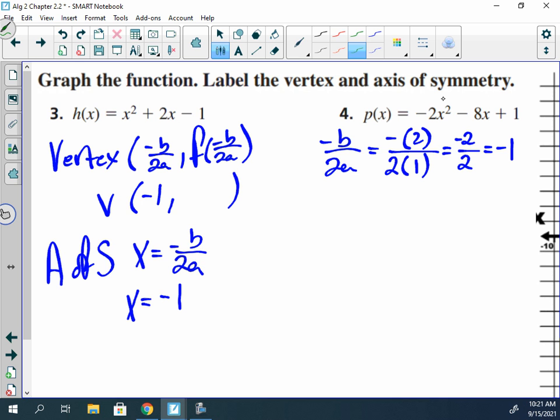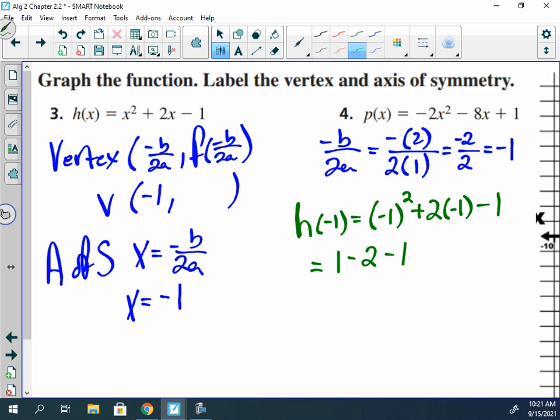Now we do still need to find the y value of the vertex. So what do we need to do? We take negative 1 and we plug it back in, because that's what f of negative b over 2a is. It's taking that value of x and plugging it back into the function to find the value of y. So we'd have negative 1 squared plus 2 times negative 1 minus 1. Well, negative 1 squared is 1. 2 times negative 1 would be negative 2.